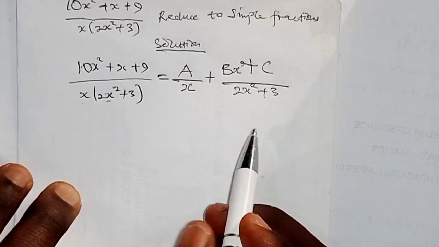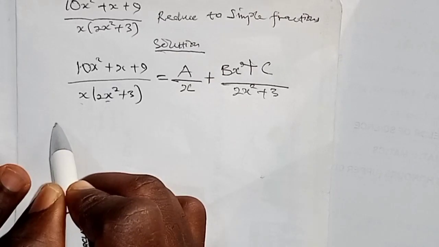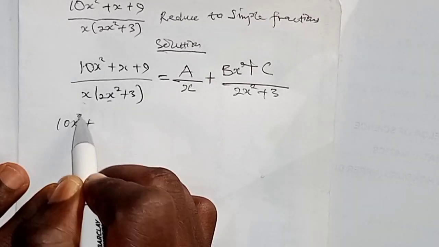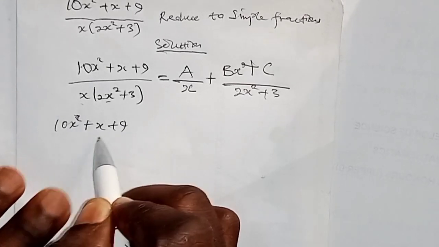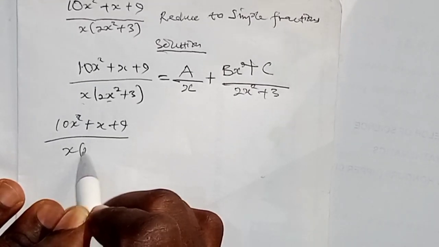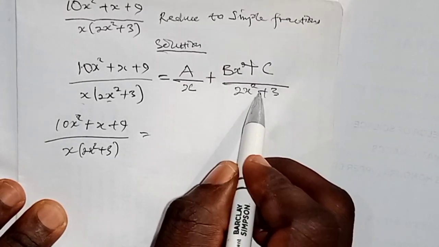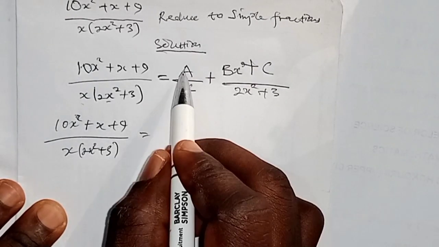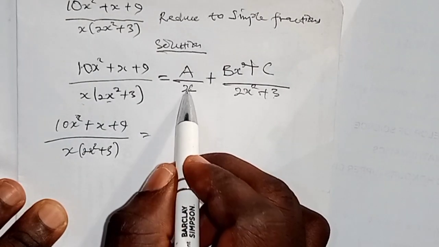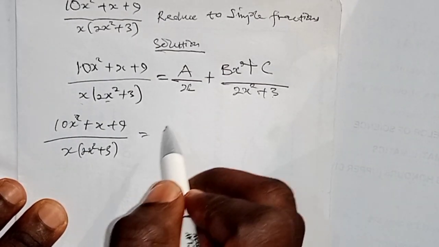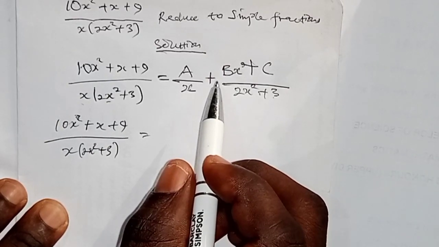If I do that, I'm going to have 10x squared plus x plus 9 divided by x into 2x squared plus 3 is equal to, so I'm just going to multiply. I will use this a to multiply this, and then use this one to multiply this, divided by the LCM.